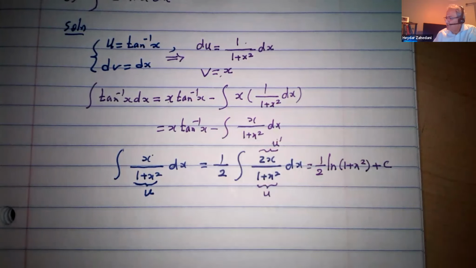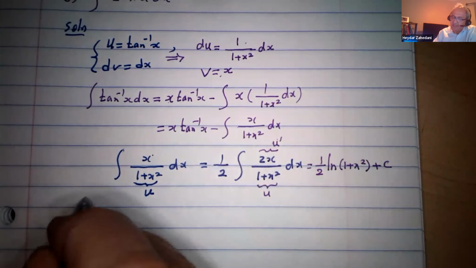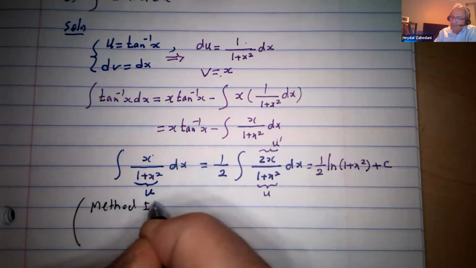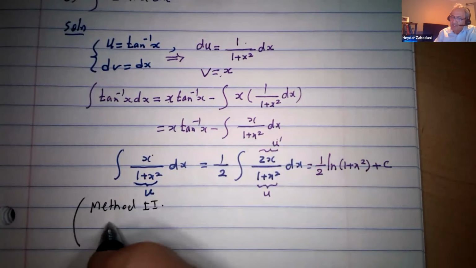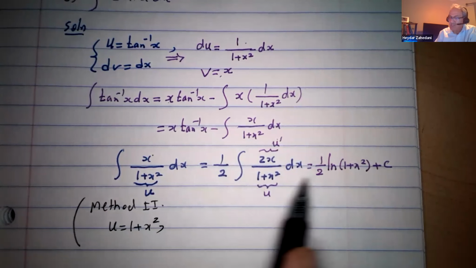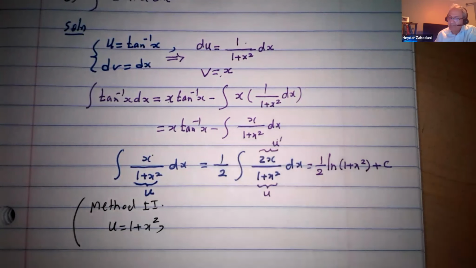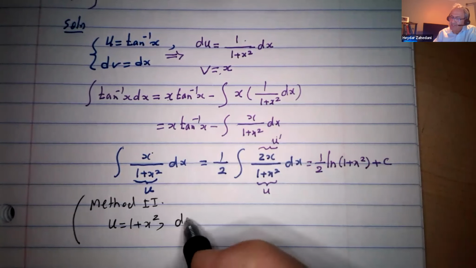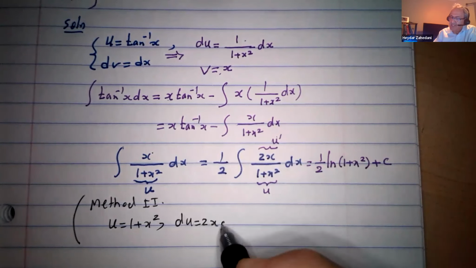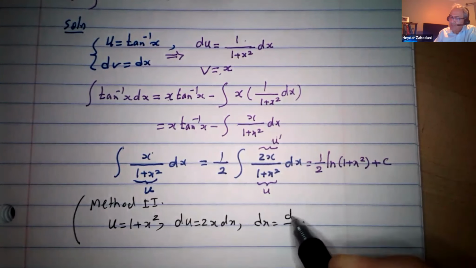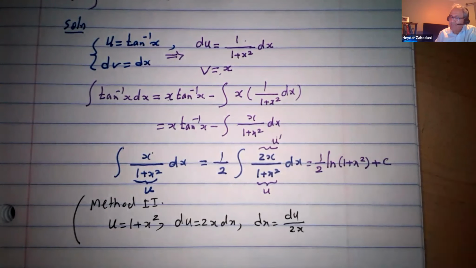If you don't like this method, there is the other method. Some people don't like that method, so you have to use u substitution. You take u to be 1 plus x squared, but we suggest the shortcut; this one is going to be messy, but you have the option. You find du, which is 2x dx, so dx is du over 2x.